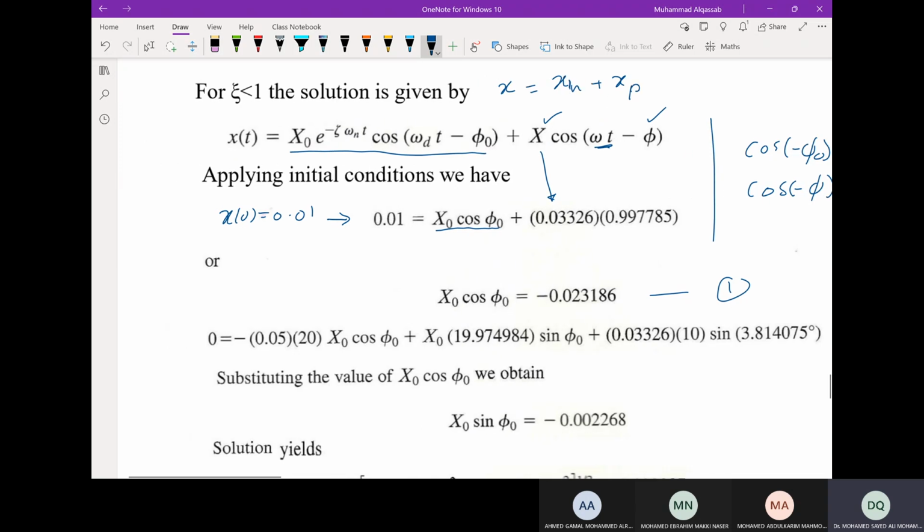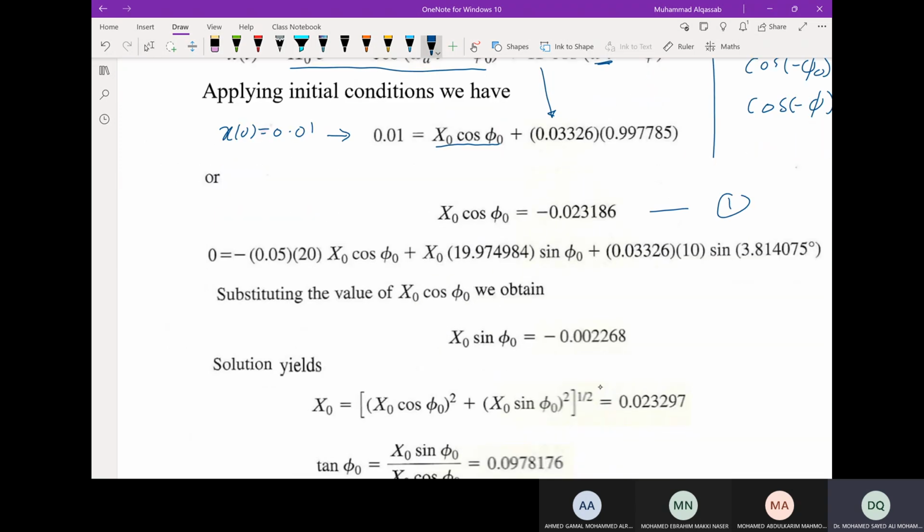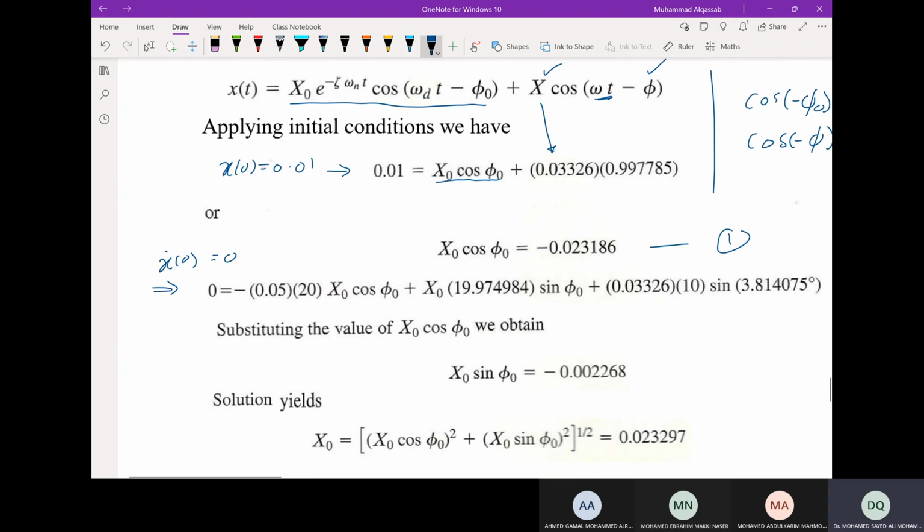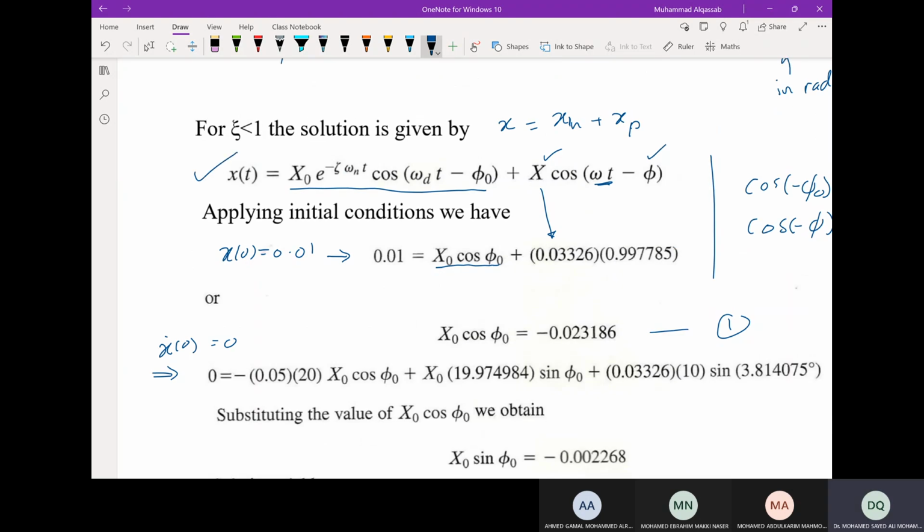The second equation is obtained by using the initial condition x dot at 0 equal to 0. So it means you have to differentiate this equation here, differentiate x to get x dot, and then substitute for t equal to 0, and the initial velocity is 0.